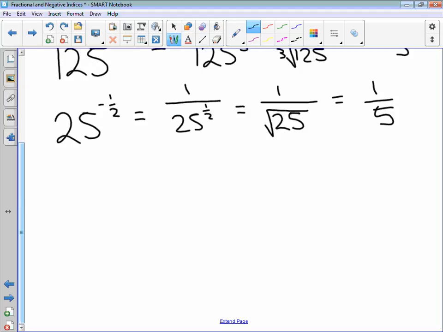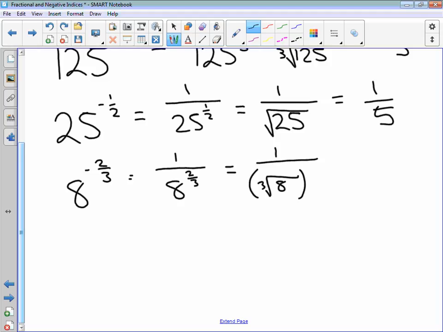And finally, 8 to the power of -2/3 is 1 over 8 to the power of 2/3. This means I need to find the cube root of 8 and then square it. The cube root of 8 is 2, so I square that, and 2 squared is 4, so I get 1 over 4.